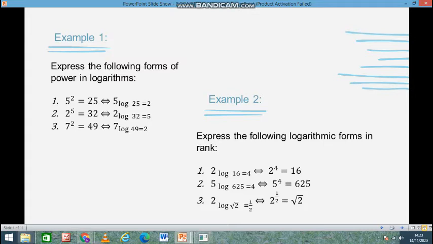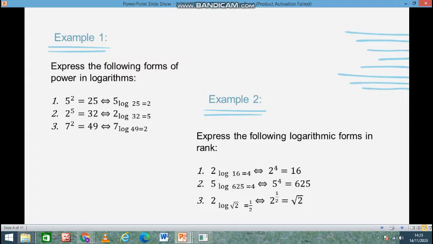That is, the logarithms are converted into exponential form as follows. Number 1, 2 log 16 converts into exponential form, namely 2 to the power of 4 equals 16.